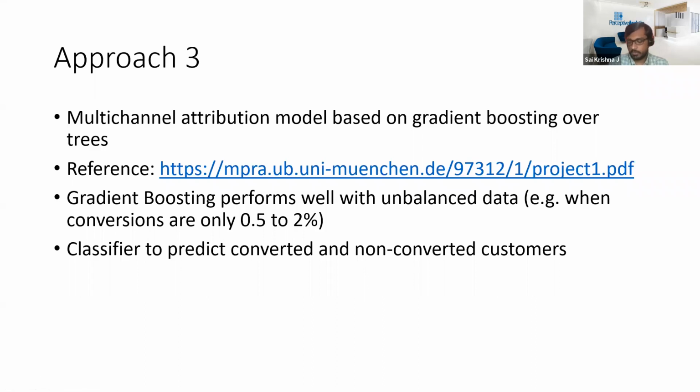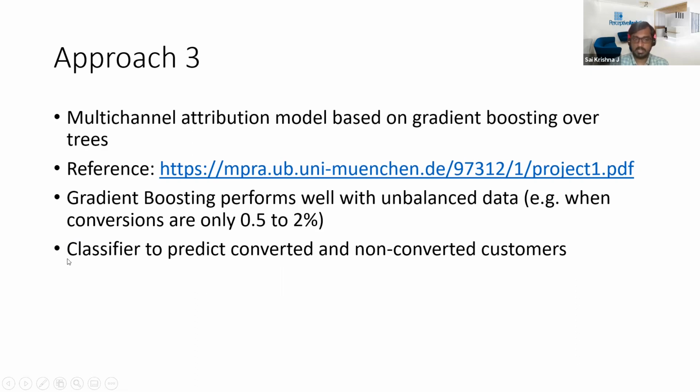So typically when you come across unbalanced data, you do some oversampling or undersampling, and you ensure that you get that 50-50 or 60-40 split of the conversions or fraud or whatever, and then you apply your machine learning model after balancing the data. But the disadvantage of doing that is you lose out on information, you lose out on patterns that are inherent in the data, and thereby that could negatively impact the accuracy of your model. So that is where you go for this sort of a technique which performs well with unbalanced data.